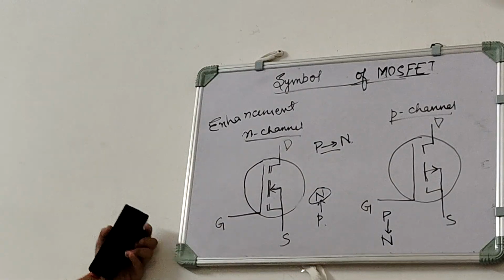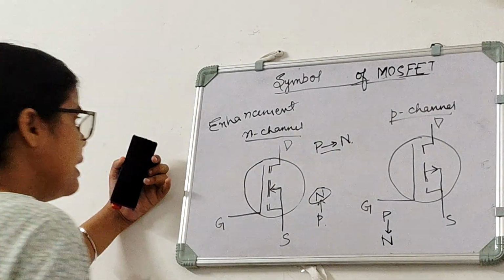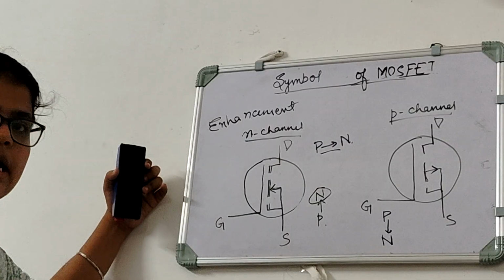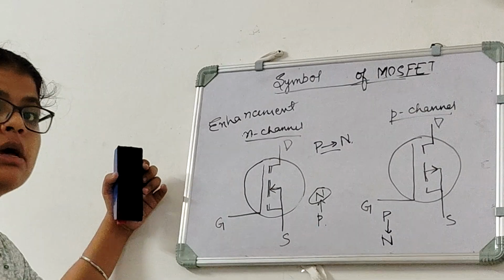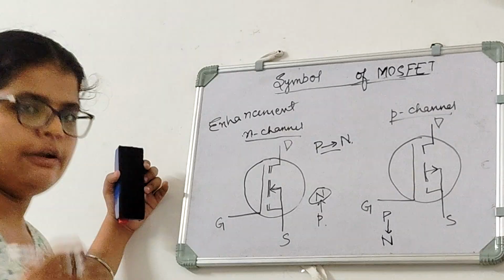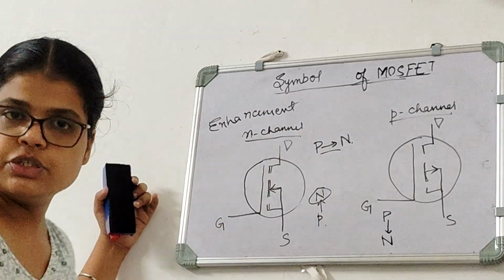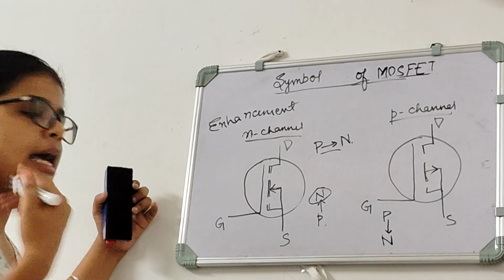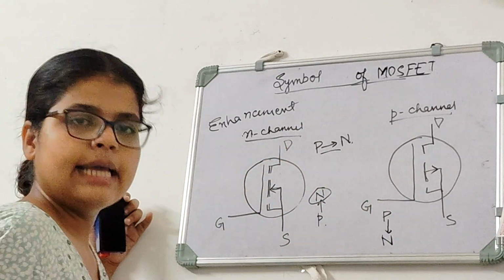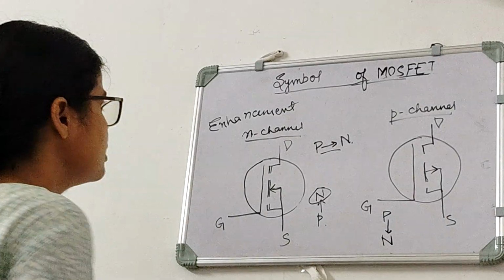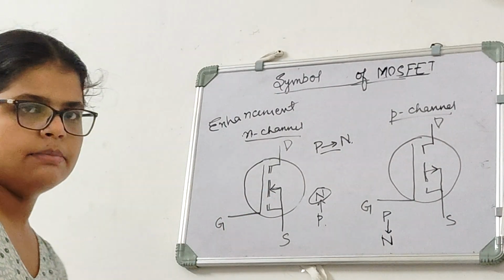Why is it dashed and not solid? Because in enhancement type MOSFET, as we discussed earlier, the channel is not present before applying any gate voltage. So as this line is considered to be the channel, the absence of channel is denoted by this dashed line. Okay, so this is the symbol of enhancement type MOSFET in N channel and P channel.